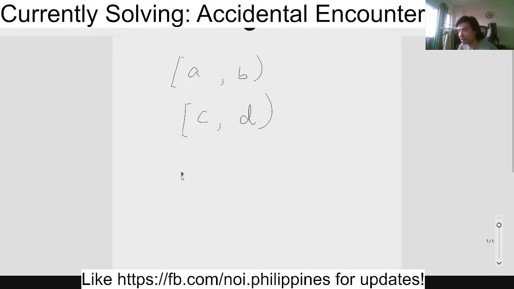Or visually, I think of it this way. So how do you know if two intervals overlap or not?